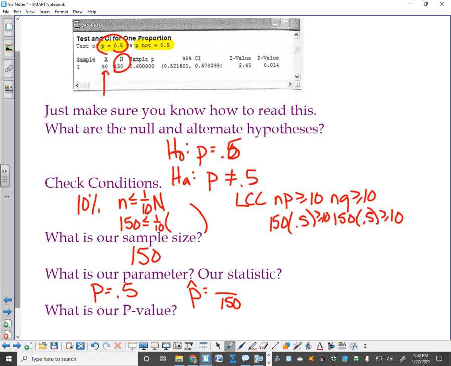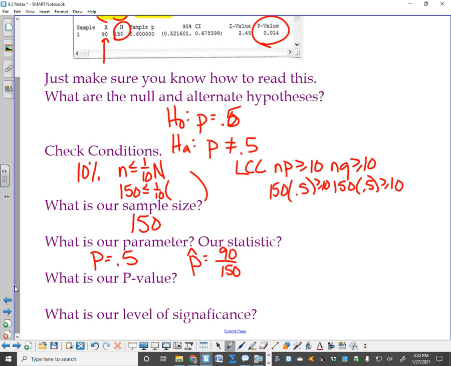See that x right there? That's the number of successes, so that's your top number. So 90 out of 150 is your statistic. And the p-value is way down there, 0.014.